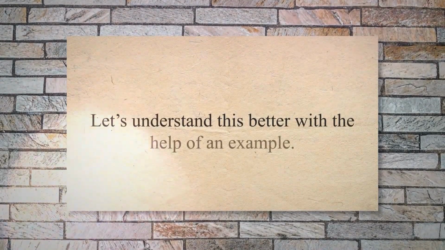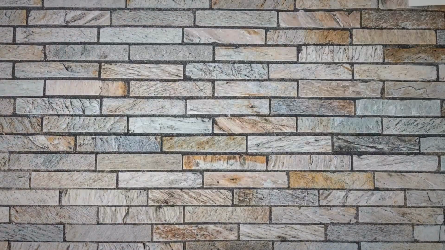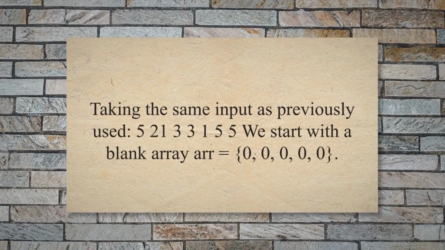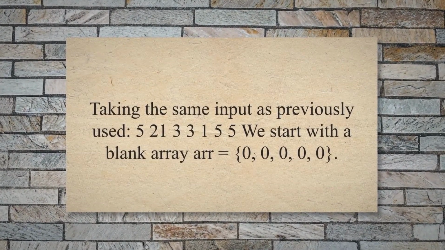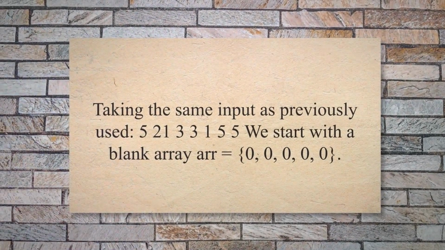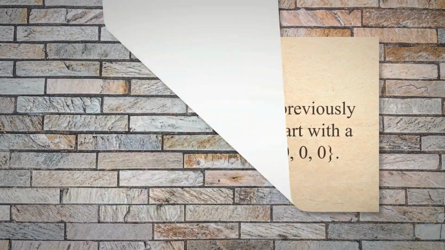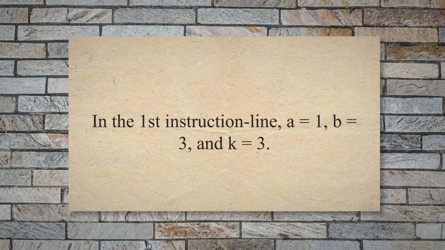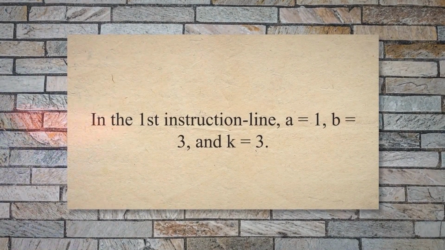Let's understand this better with the help of an example. Taking the same input as previously used, 5 2, 1 3 3, 1 5 5, we start with a blank array R equals 0, 0, 0, 0, 0. In the first instruction line, A equals 1, B equals 3, and K equals 3.